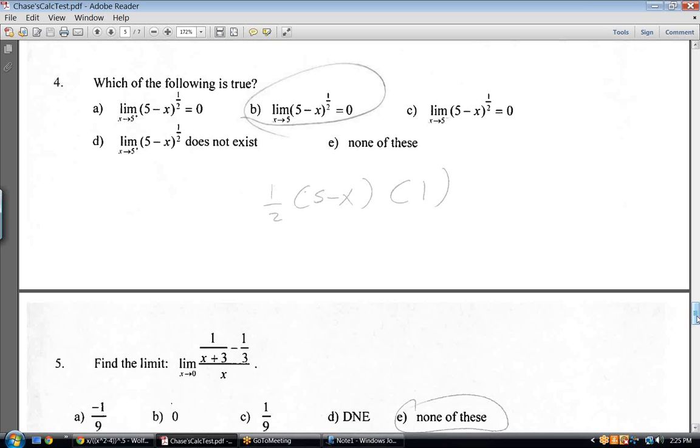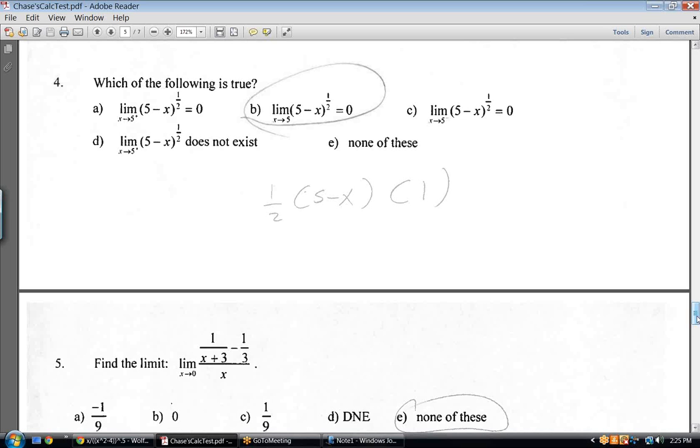So A is not true. But on the other hand, if A isn't true, then D is true. It doesn't exist. Yeah. So I see D as being true. I see B as being definitely true. I see C as being true. Yeah. So I don't know what they want here.